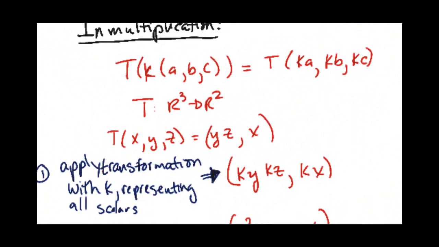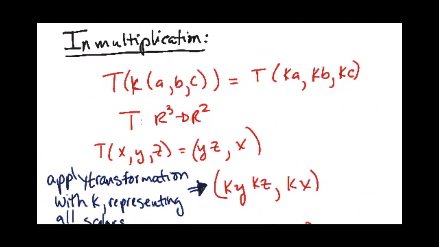So now let's look at multiplication. So basically we have the scalar multiple through. Does that equal each one plugged in for this transformation? So if we apply the transformation with the scalar plugged in initially, we get ky times kz, comma, kx, applying the transformation.